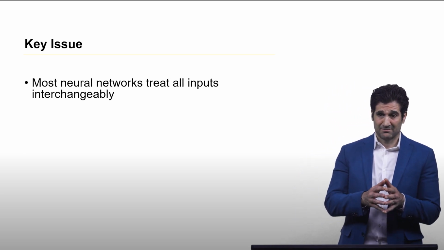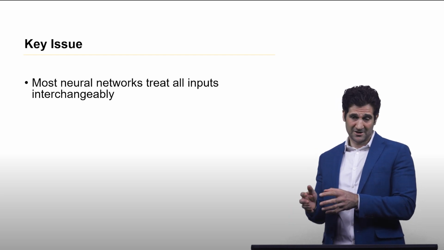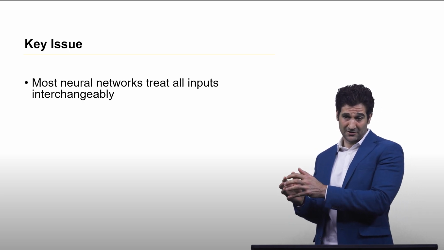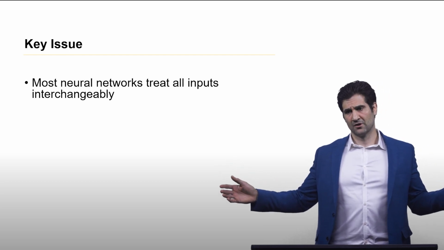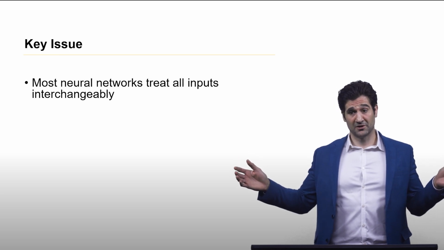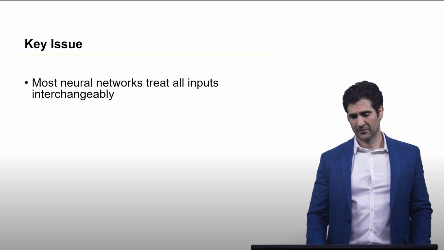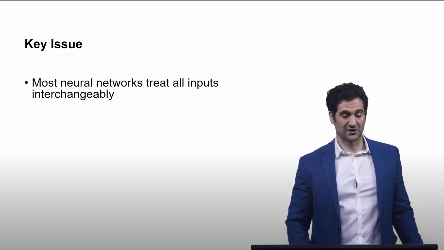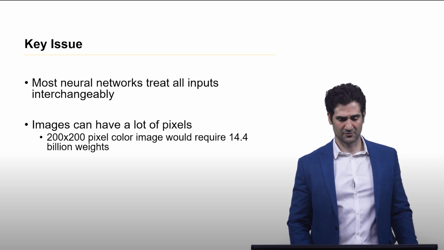So take that picture of my dog on the previous slide, and imagine taking all the pixels out of the picture and stretching them in one big long line. Now you've lost a lot of information within the picture about which pixels are next to each other. So your first issue is that the neural network will treat all these inputs somewhat interchangeably.